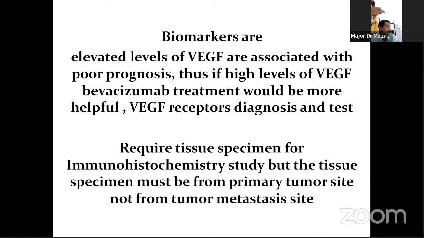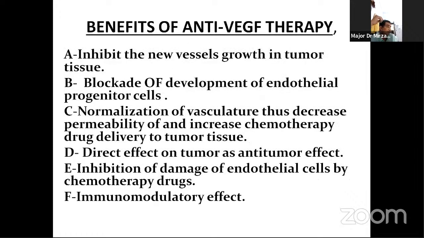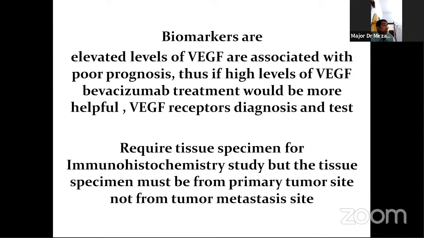And it should not be from a metastatic site. You have to take the primary tumor site and assess the vascular endothelial growth factor. If there is overexpression, that indicates that the patient will benefit from bevacizumab. So the required tissue specimen for the immunohistochemistry study must be from the primary tumor site, not from the metastatic site. That is the only test we have available now, or FISH.